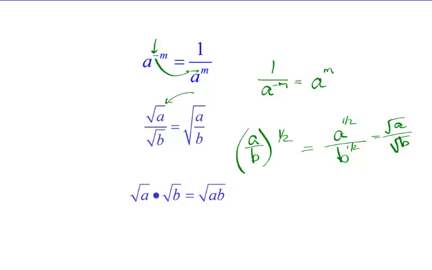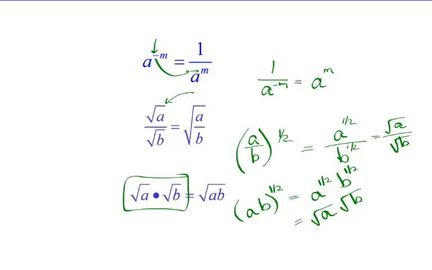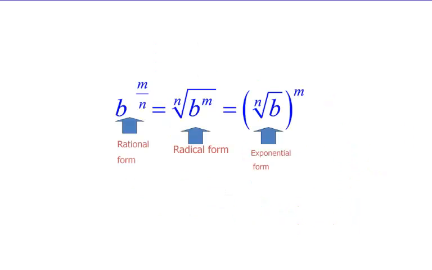And again, because it is a fractional exponent, it follows the exponential rule, where exponents do break up over multiplication. That is equivalent to this statement. Again, you're responsible for knowing those in both directions.